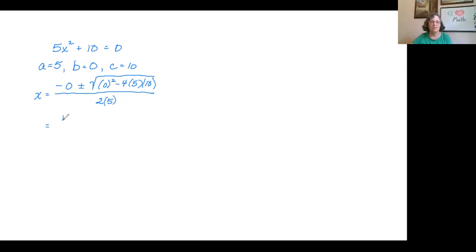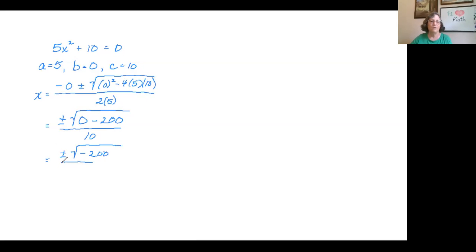Negative 0 is nothing. Don't need it, so that's plus or minus the square root of 0 minus 4 times 5 is 20 times 10. 20 times 10 is 200. Divided by 10. Now, notice we've got a negative number in the radical.